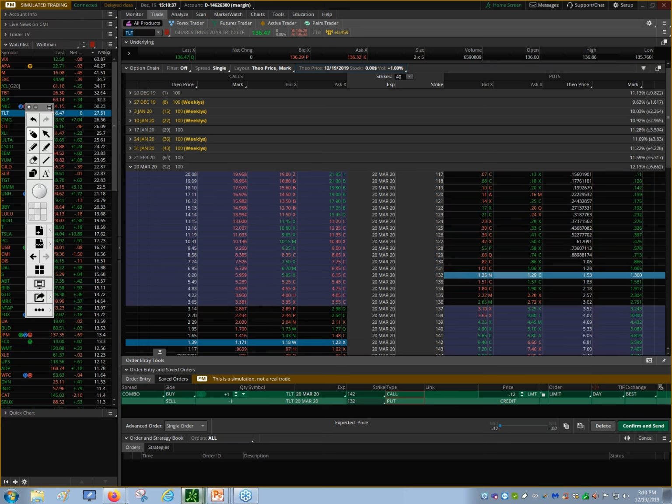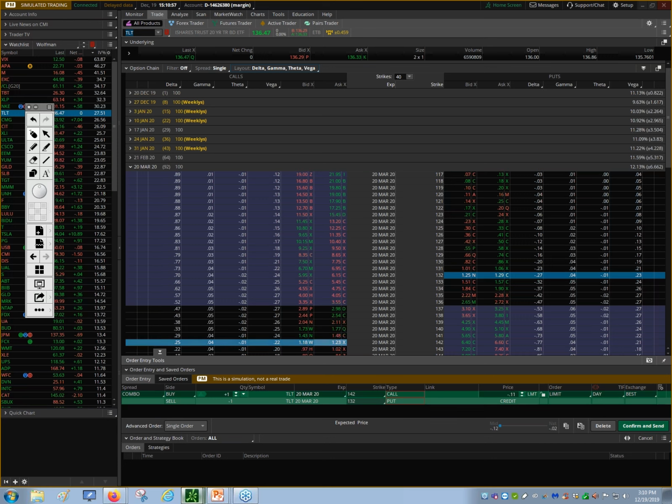And if these puts went from $1.25 or $1.30 or whatever down to like 10 cents, do I really care about that $10 on this trade at this point? My deltas have adjusted to a point where, if the market rallied all the way up and my calls went in the money, well, that would be like assuming the market had rallied and now my 135 puts are on.